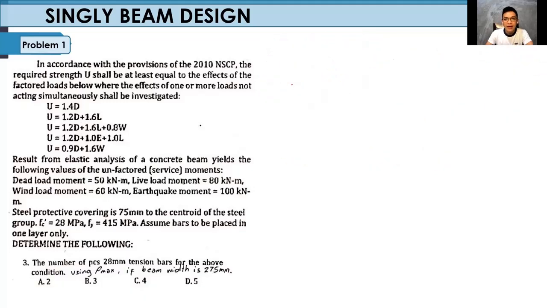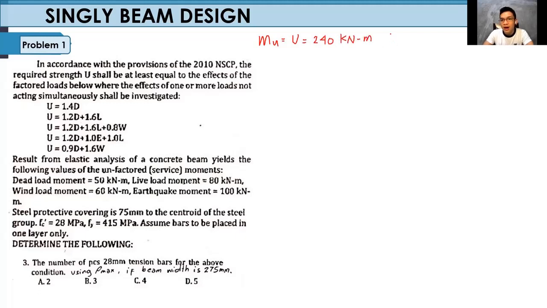Ayan, so continue tayo. We need to solve or determine the number of pieces na 28 millimeter na diameter tension bars for the above condition. So, yung na-solve natin kanina, yan yung gagamitin natin. So, firstly, yung ating MU is 240 kilonewton meter.